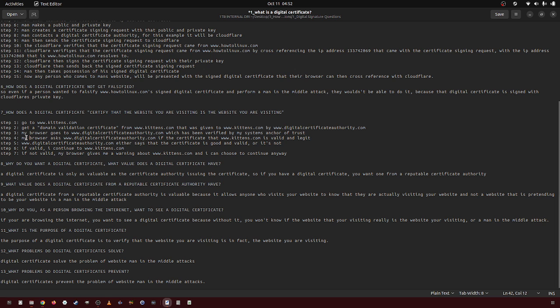Step 4, my browser asks www.certificateauthority.com if the certificate at www.kittens.com is valid and legit. Step 5, www.digitalcertificateauthority.com either says that certificate is good and valid or it's not. If it's valid, I continue to kittens.com. If it's not valid, my browser gives me a warning about kittens.com and I can choose to continue anyway.